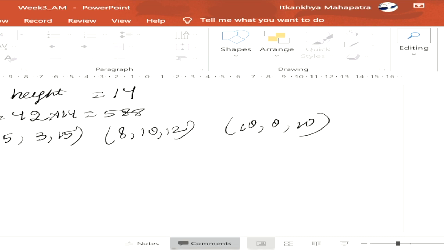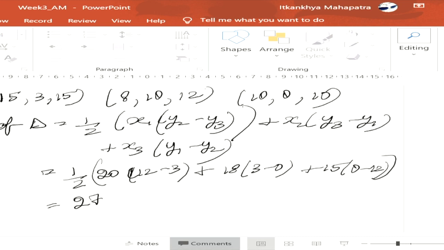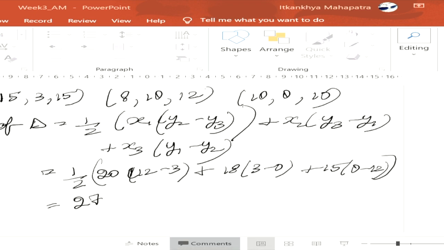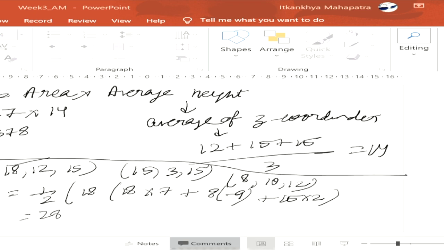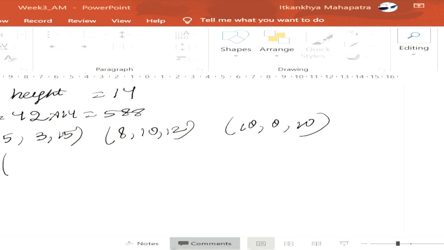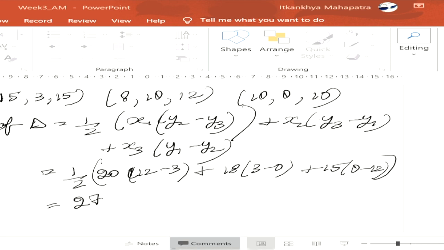Now area is half x1, again this formula x1 (y2 minus y3). So this will be x1, area of triangle.